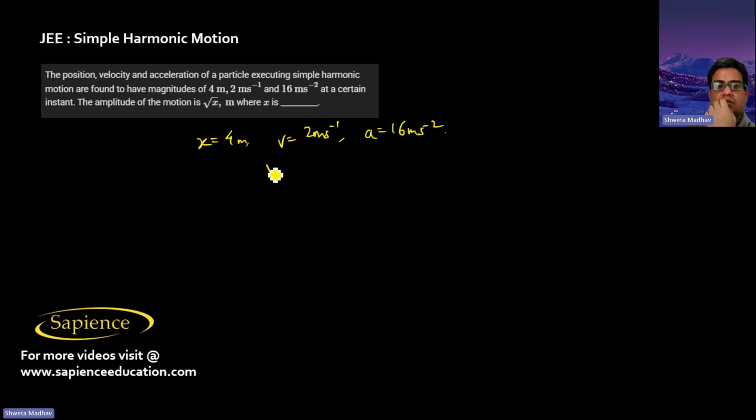At a certain instant, we know that velocity is omega root over a square minus x squared, and acceleration is omega square x. The amplitude of the motion has been asked. Amplitude is root x.